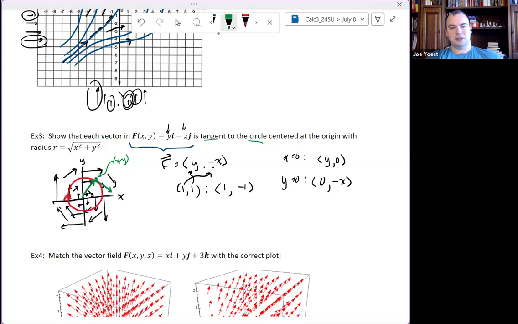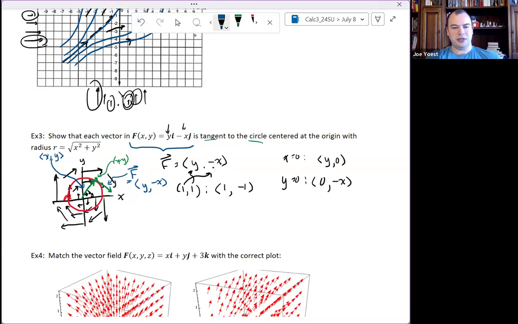So in other words, if I look at, what color haven't I used? Blue. If I look at this vector here, this is the vector with x component x and y component y, or first component x and second component y. And this vector over here is the vector big F, with first component y, second component negative x.